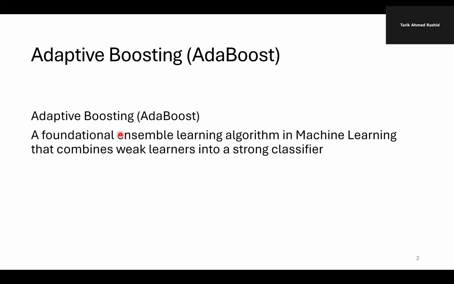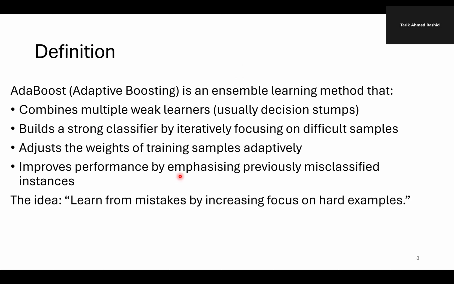So adaptive boosting definition: it's a foundational ensemble learning algorithm in machine learning, which combines weak learners into a stronger classifier. That's a basic definition.